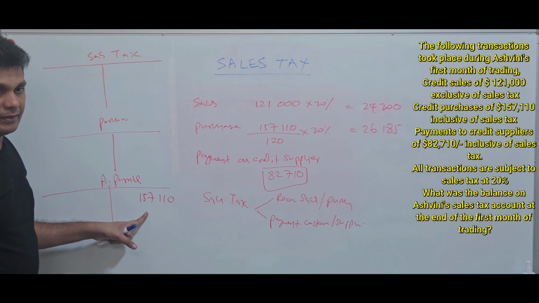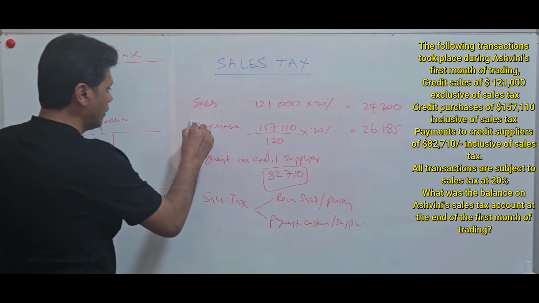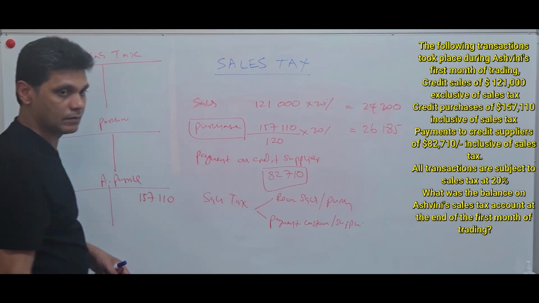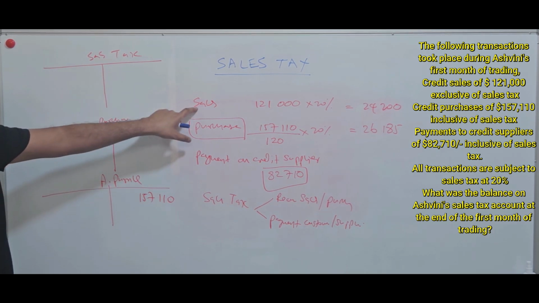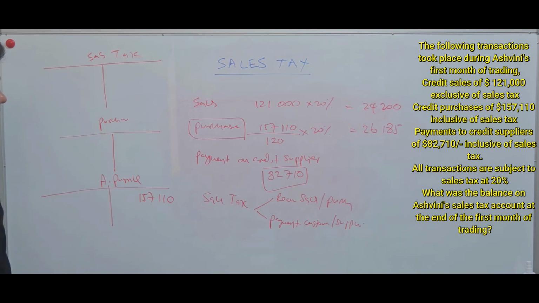What is the debit entry? I am not talking about payment, I am talking about recording the purchases. Then purchases you debit and sales tax you debit. How much is that? I am not talking about sales. Purchases, what is the debit entry?